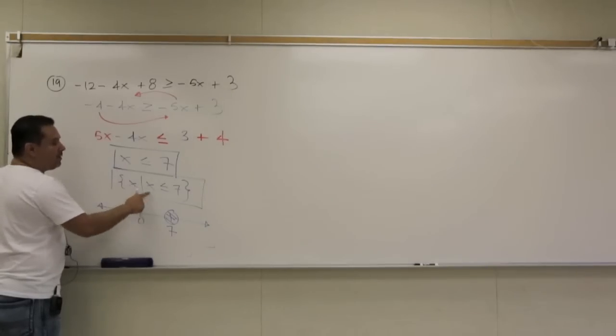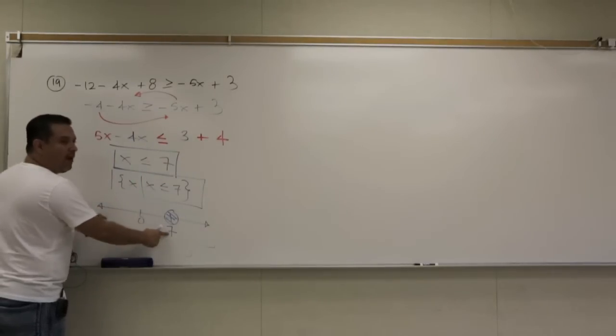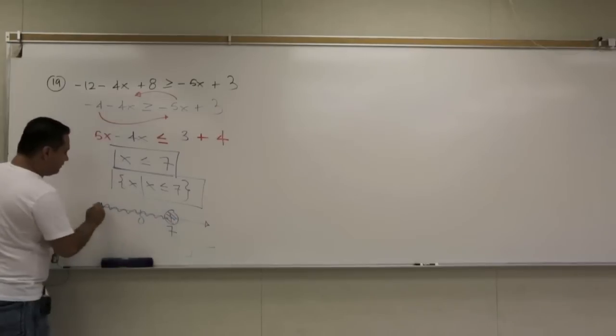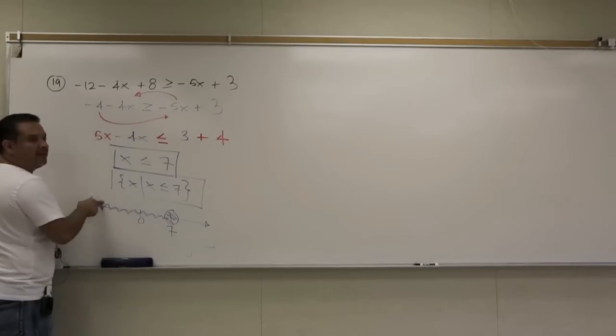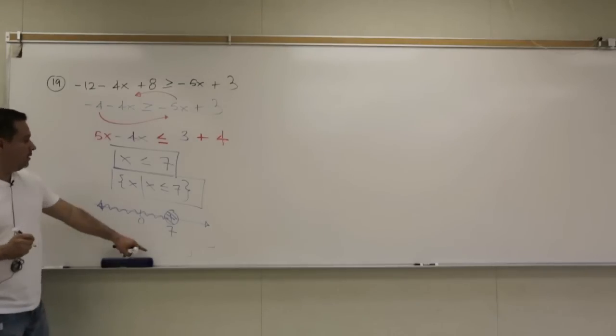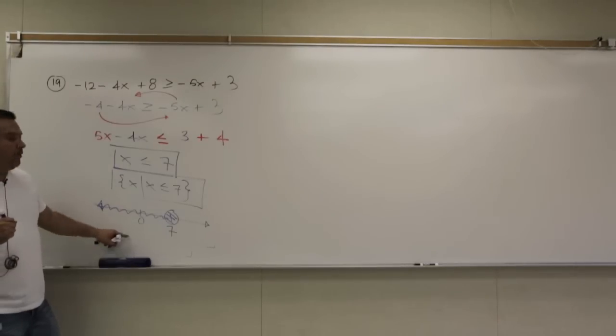Now we're describing numbers that are smaller or equal to 7. Numbers that are smaller than the 7 live to the left. So we shade everything to the left of that 7, and we included the 7 because it's equal. Here's your graph. How does the interval notation look?